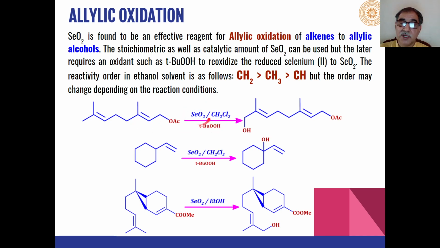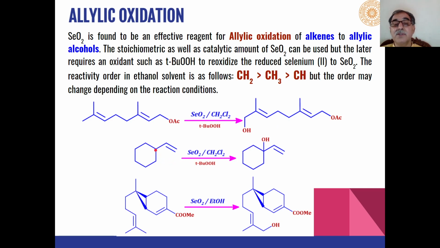Selenium dioxide is selective in its action, in that it oxidizes only the primary group over here, which is in allylic position with respect to this alkene. So allylic oxidation of this primary group takes place to the allylic alcohol, and we will get oxidation of this group selectively in preference to the others.